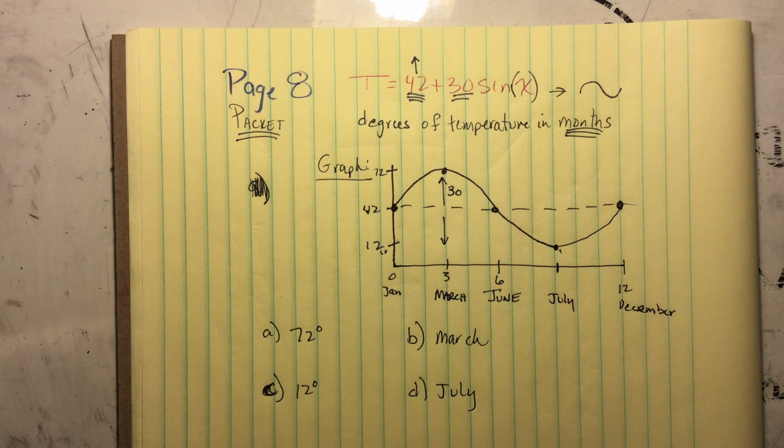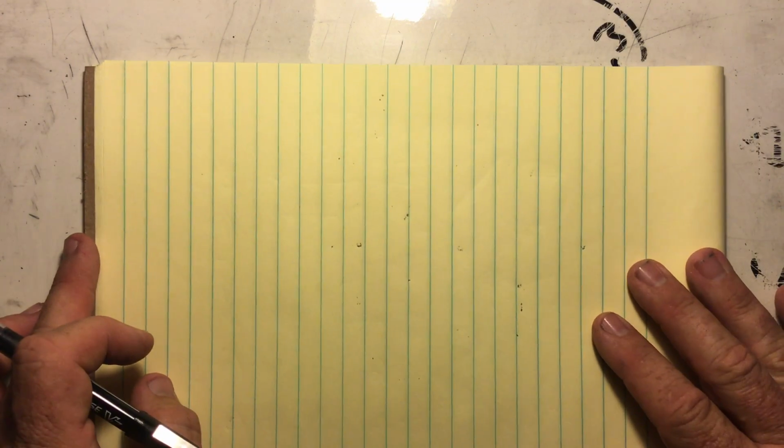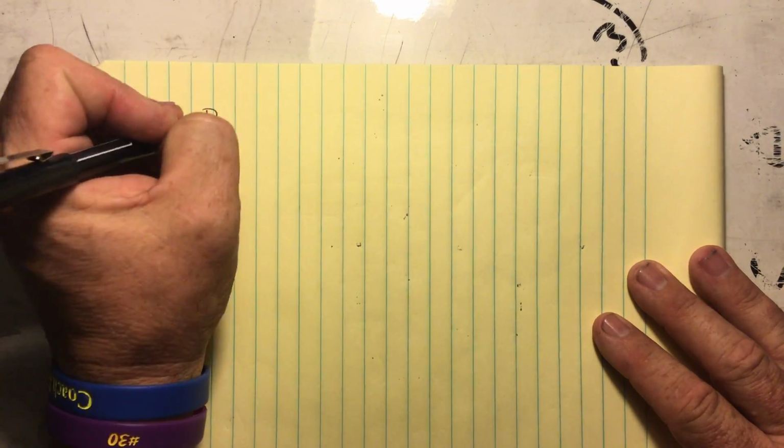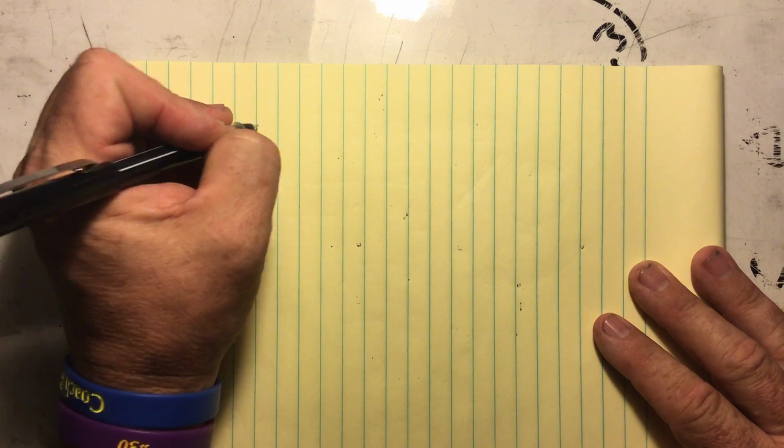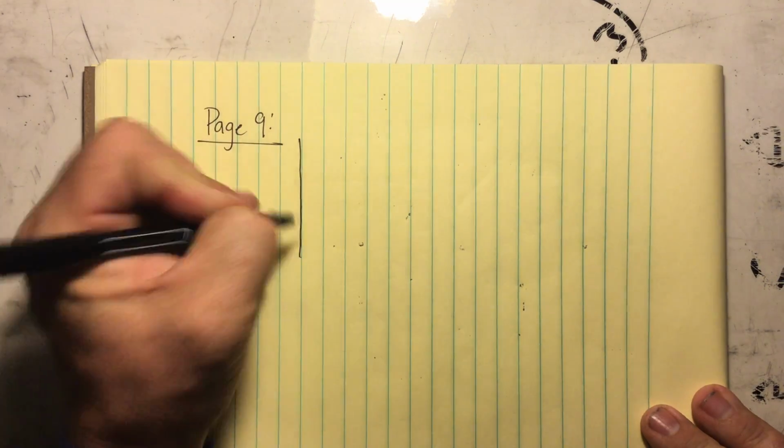We can move on to page 9, just because it's pretty straightforward when we're looking at this. So we're already into page 9 now. Page 9 is about the moon's orbit, and I'll draw a quick sketch of it.